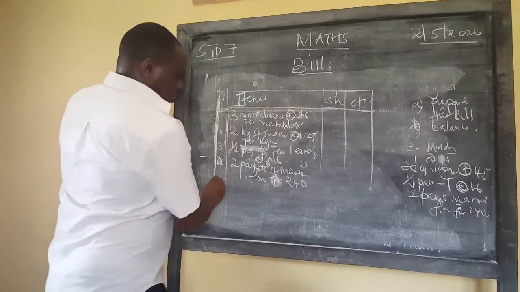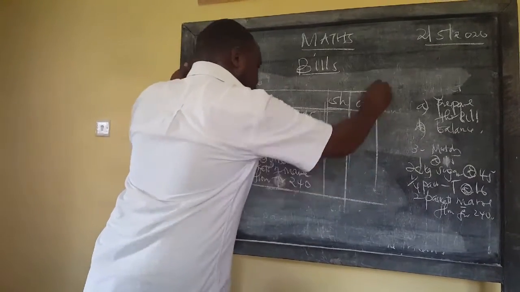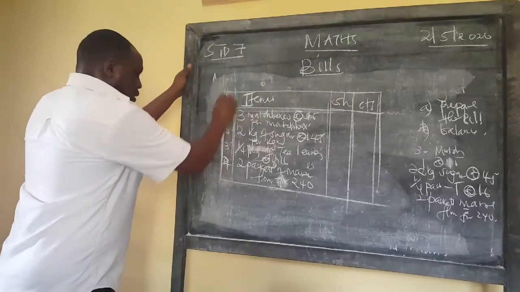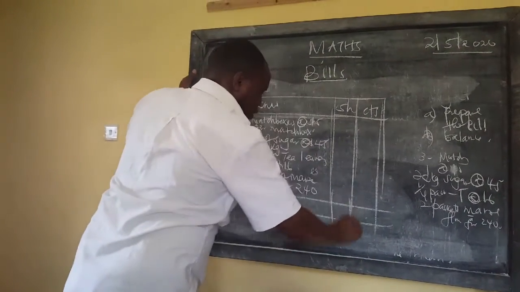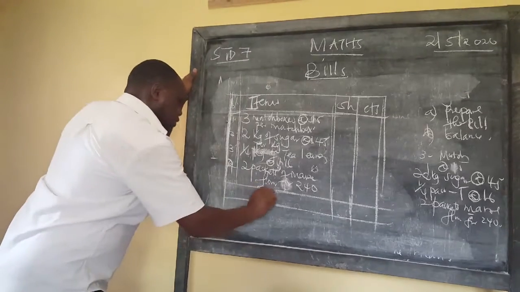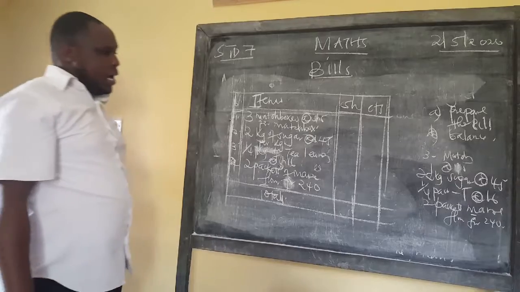So in this case, that marks the end of the table. Then we draw another line here to show the totals. That's where you place the totals.